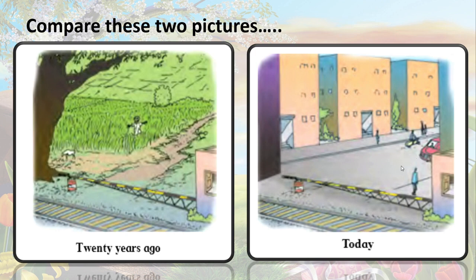And we can see the vehicles moving around. That means this place is polluted because of the sound and because of the smoke coming out from the vehicles. Isn't it? So much difference we can see between these two pictures.